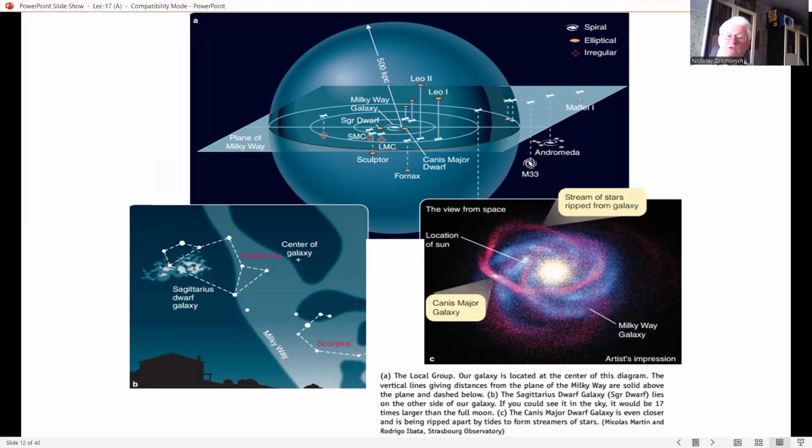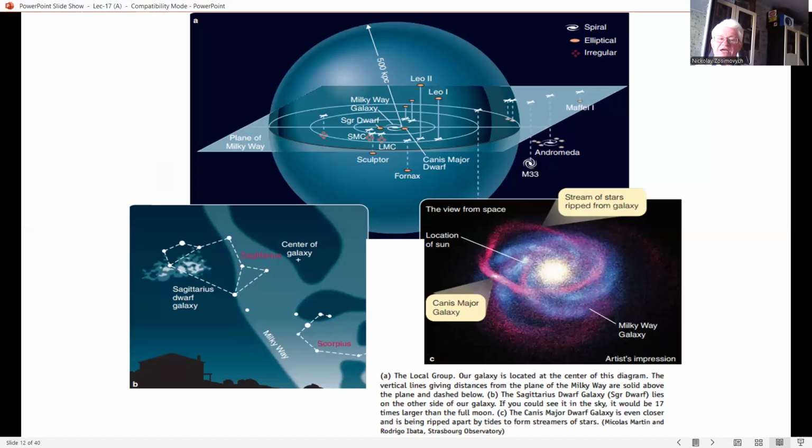Our own Local Group, which contains the Milky Way galaxy, is a good example of a poor cluster, as you can see in this slide. It contains a few dozen members scattered irregularly through a volume slightly over 1 megaparsec in diameter.